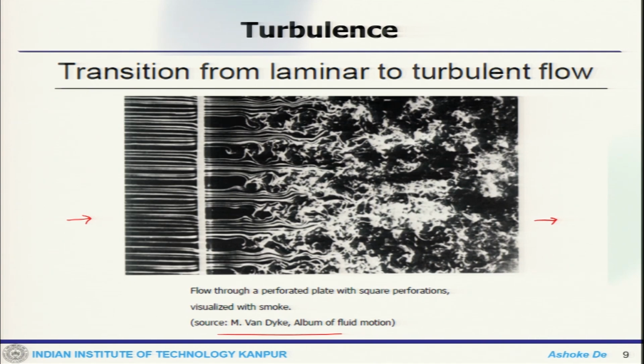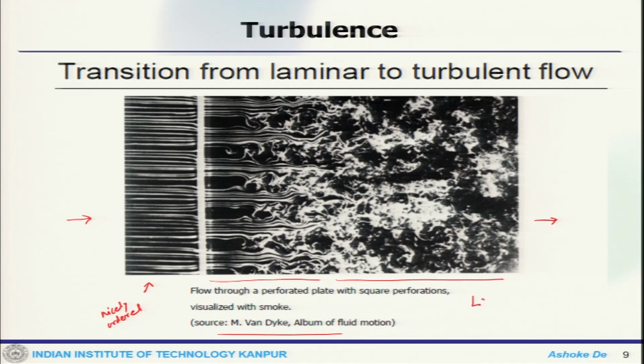When it enters over the plate, you can see nice streamlines, rather nicely ordered lines, but then it goes through transition to turbulent. So, there is a transition zone and then finally it becomes completely turbulent.